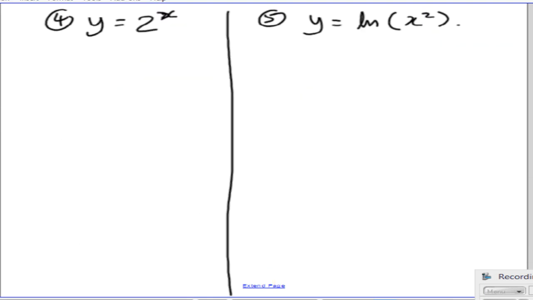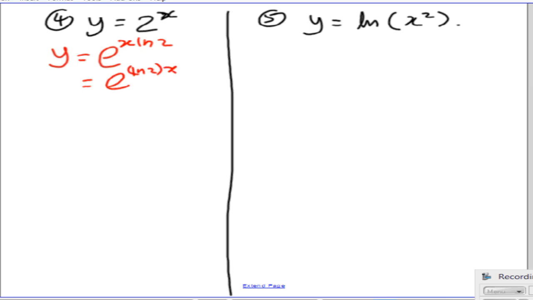2 to the power of x. Now, this seems to be difficult. Basically, we need to change this using e to the power of x ln 2, right? So now if you change to e to the power of x ln 2, you can write this as ln 2 and then bracket x.